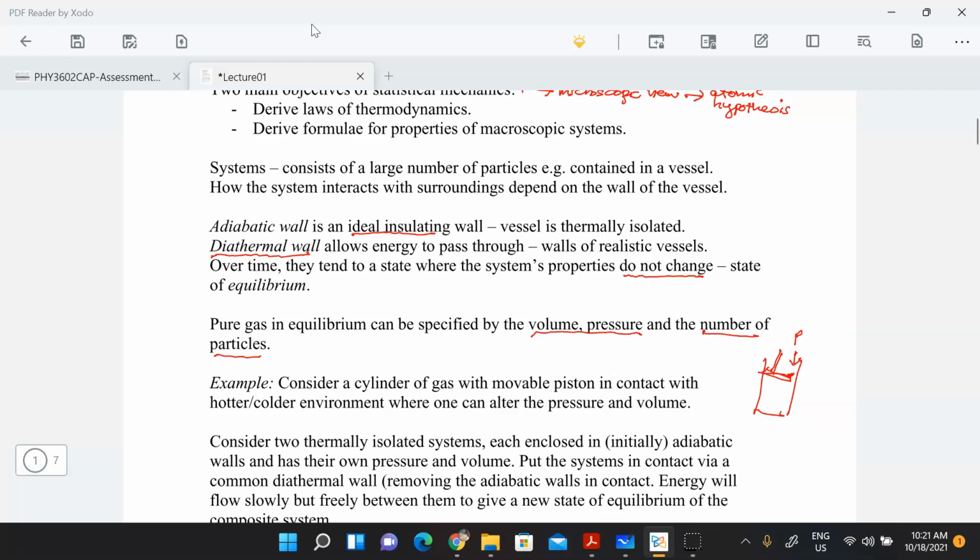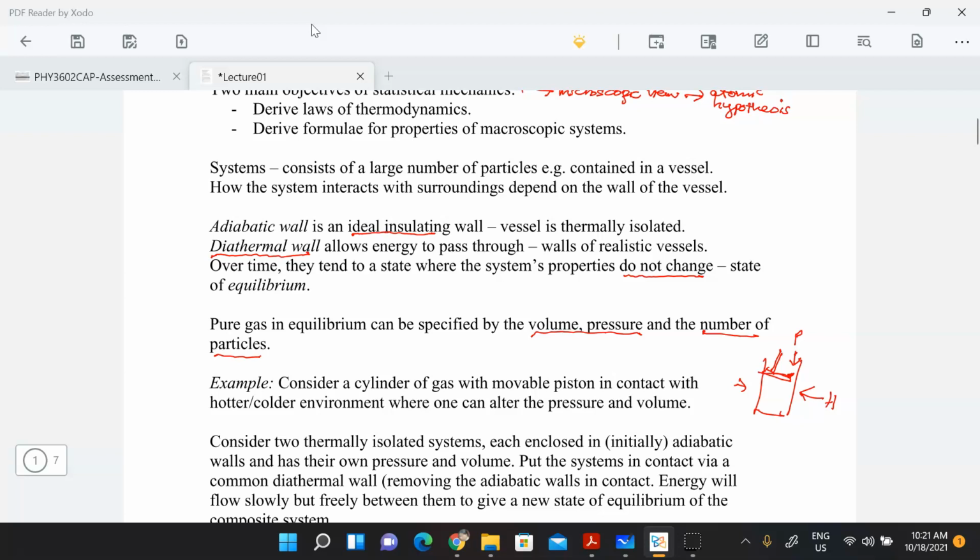It can also be immersed in some environment where there is heat, so then this will get thermally excited, and it starts to exert pressure, and then the piston goes up.